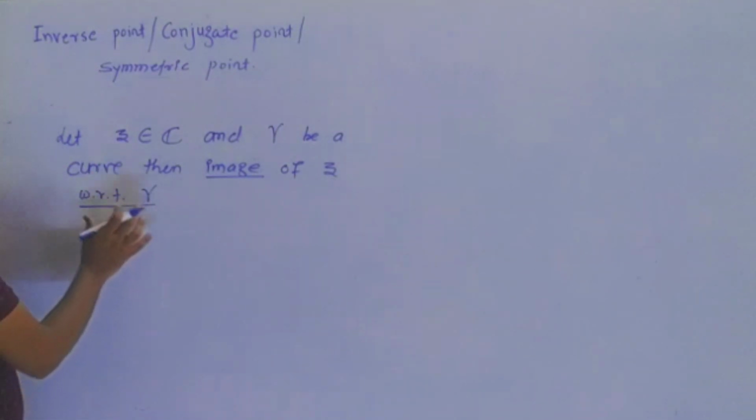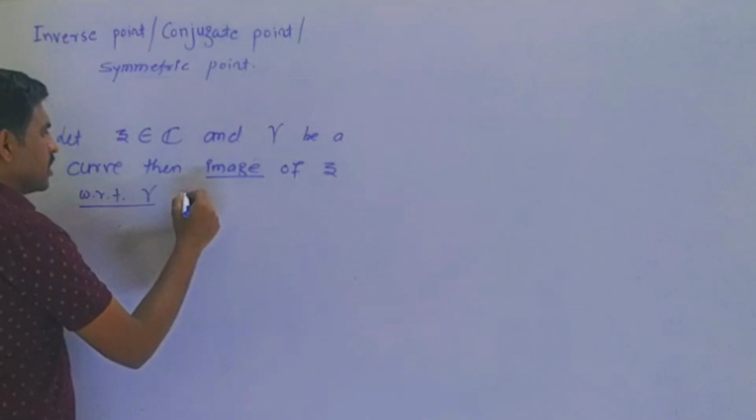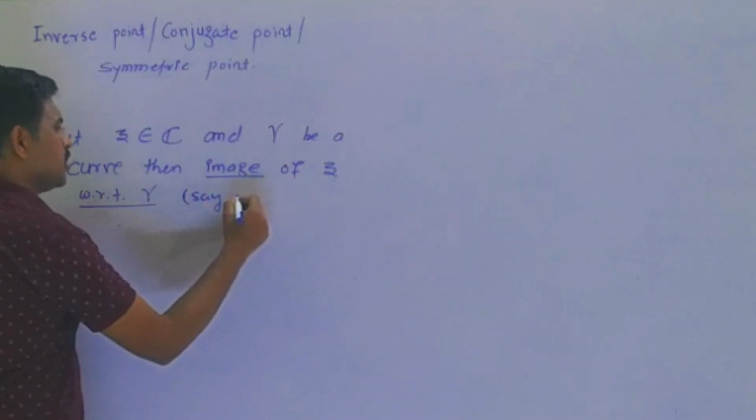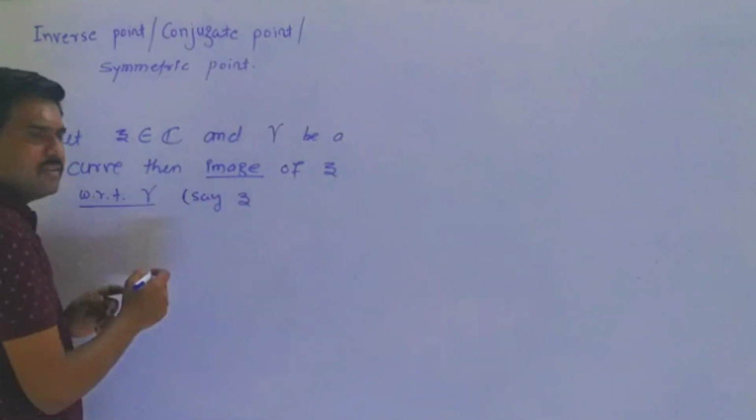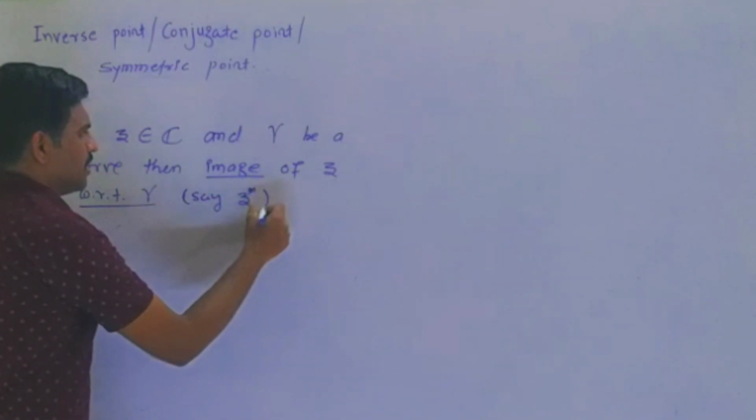So the image of z with respect to gamma. Generally you write z bar for the conjugate, so I use z star here.